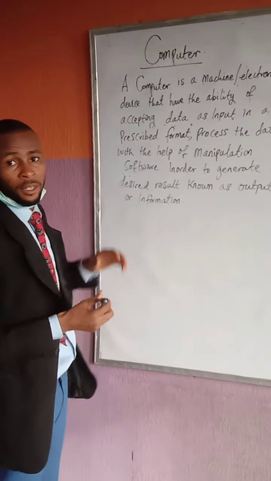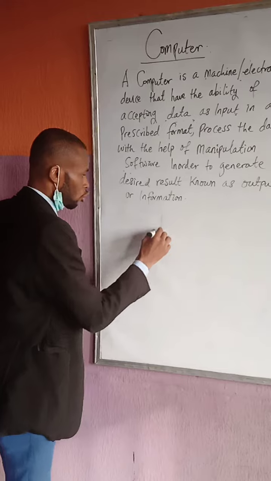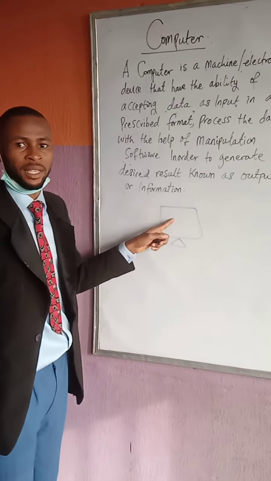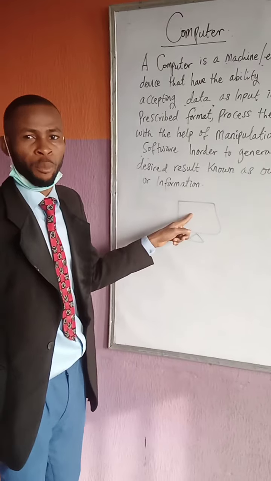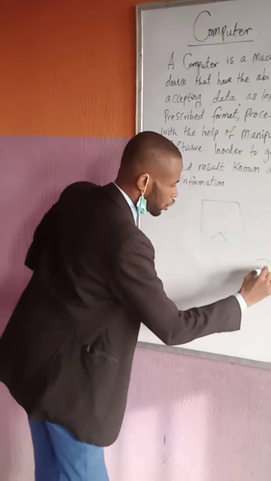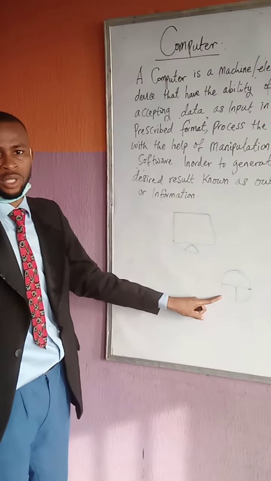Now, in computer, if you are asked to touch computer, don't touch only the monitor, because the monitor is not the computer itself, it is called a part of computer. If you are asked to touch computer, do not touch only the mouse, because the mouse is part of computer.